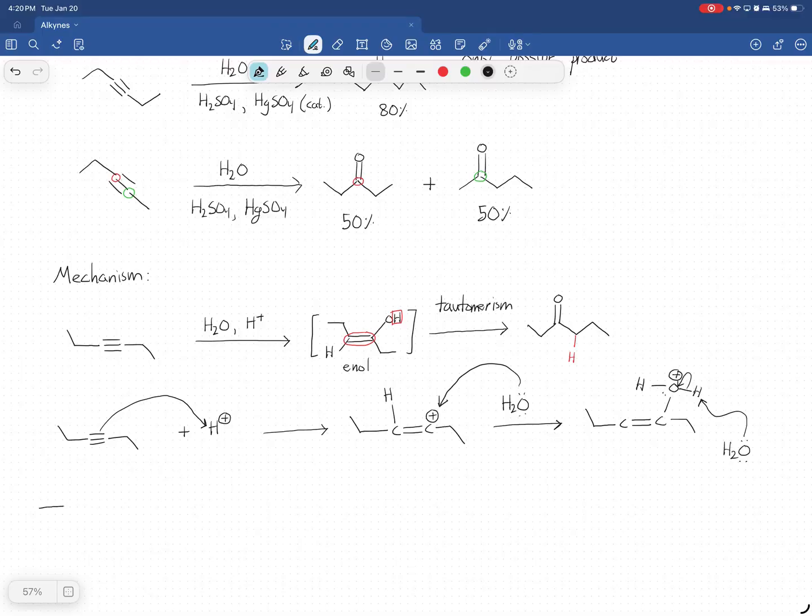Now we draw another arrow down here. I just flipped the H around, so the H goes here, the COH.